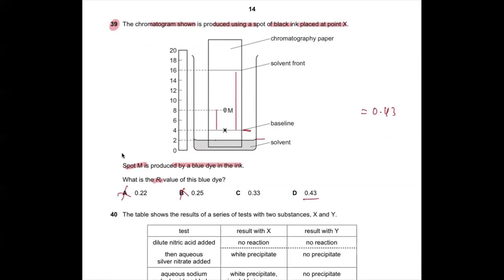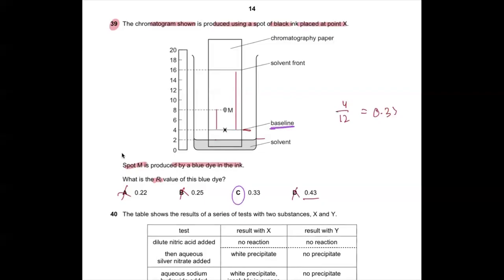So it's 4 to 8, which means 4, and 4 to 16, which means 12. So it's 4 over 12, 0.33. So yeah, D goes wrong. Okay, so C is the correct answer. So be vigilant when you are measuring. You don't need to start from the solvent level. You have to start from the baseline.